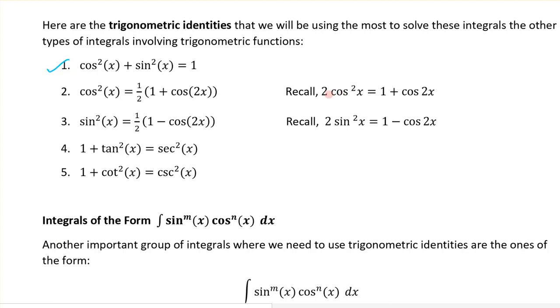So if you have 2 cosine square x, that is 1 plus cos 2x, or in other words, cosine squared x is equal to half times 1 plus cos 2x. Similarly, sine square x is equal to half times 1 minus cosine 2x. So these are our double angle formulas. So we are going to use these three identities to solve the problems of the type integral of sine raised to power mx times cosine raised to power nx dx.